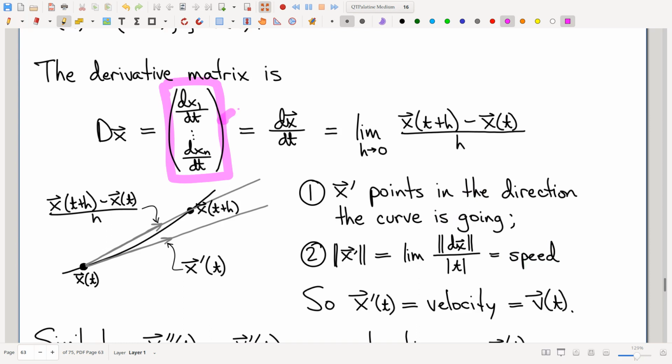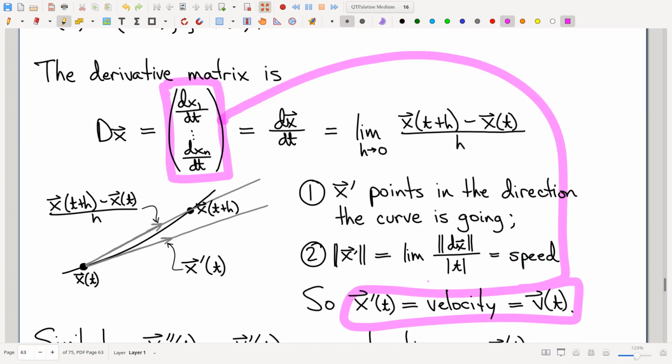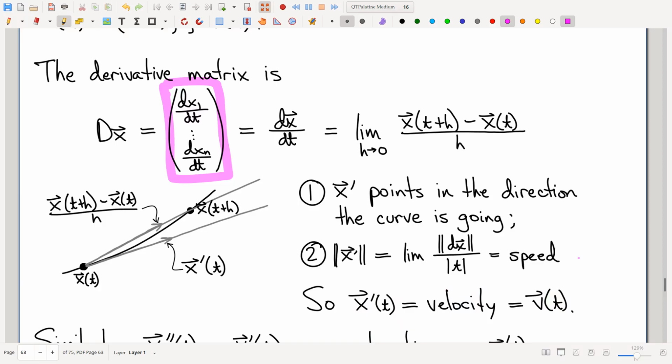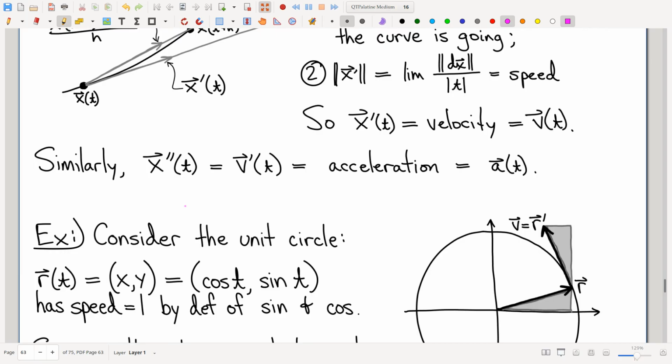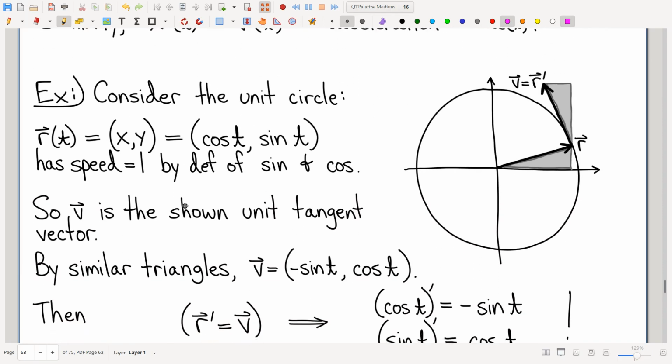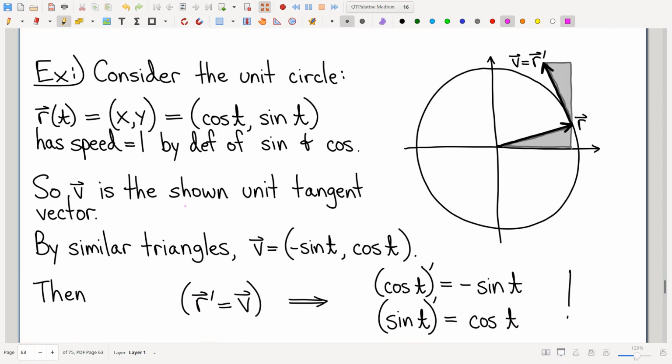Absolutely, it is very natural. It's the velocity vector for the parametric curve for which this is the derivative matrix. Is everybody cool with that? All right. And so the derivative of position is velocity. Likewise, the derivative of velocity is acceleration. I'll say etc. But those are really the only two in most cases that you need to deal with.